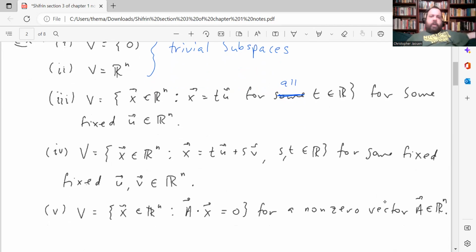But let's actually go to the whiteboard, and I'll prove one of these. He does prove all of them in the textbook, but like I said, it's very similar. You just show that it satisfies the three properties. But let's try number 5. We'll prove that one's a subspace, just so you can see how it's done.